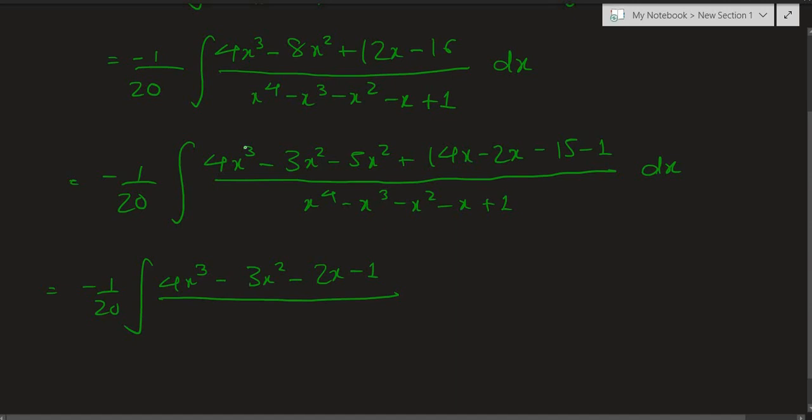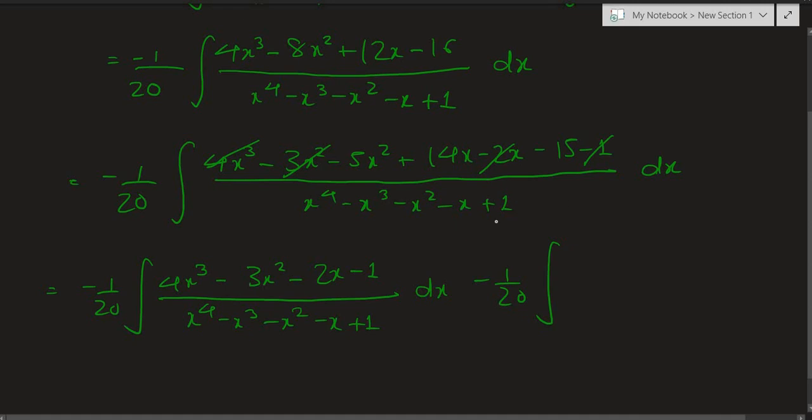So we basically got rid of this term, this term, this term, and this term, divided by x to the 4 minus x cubed minus x squared minus x plus 1 dx, and all the remaining terms. So we have negative 1 over 20 as it is.